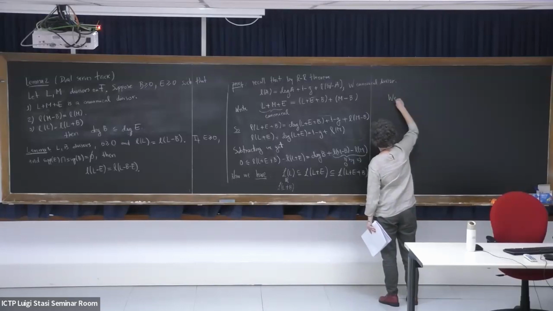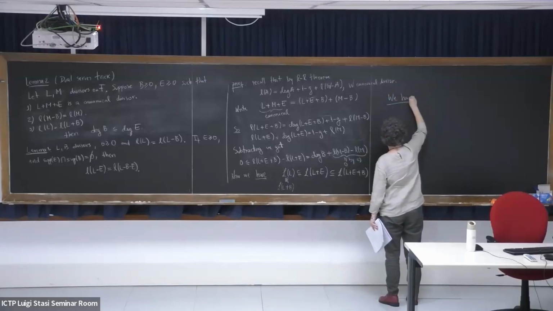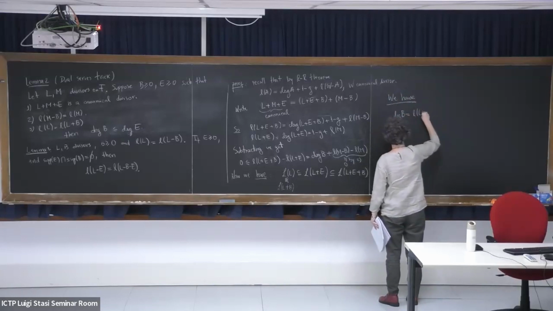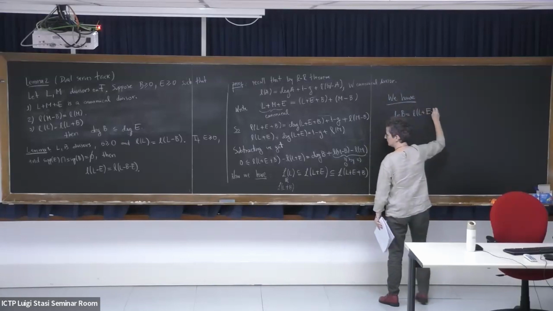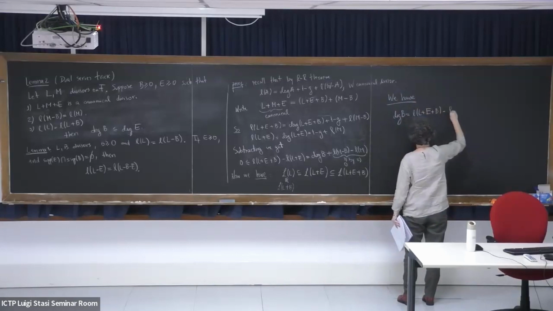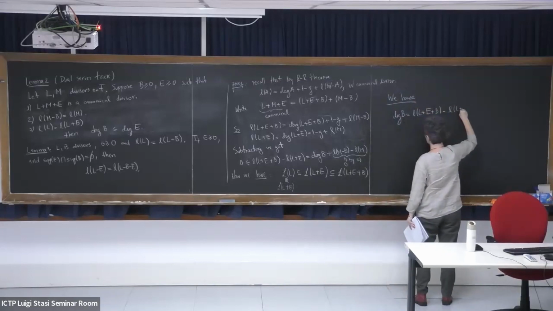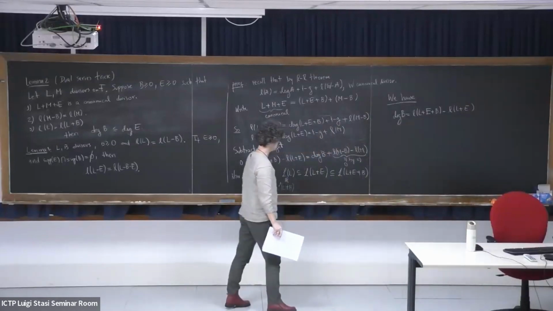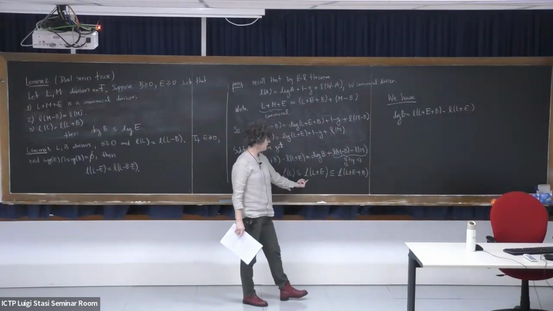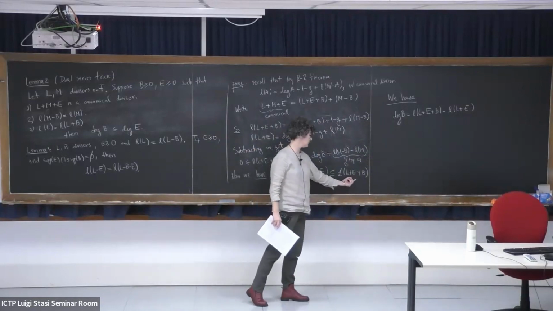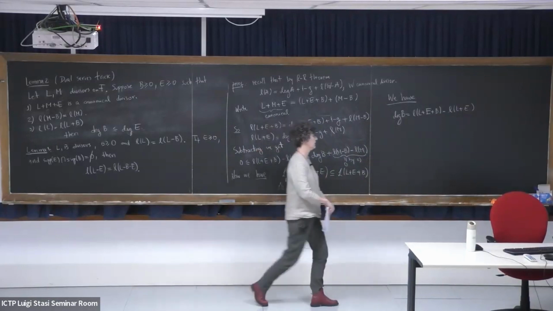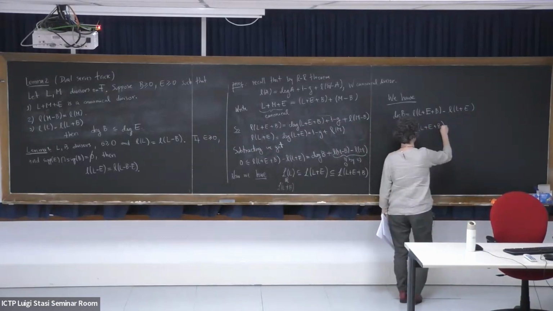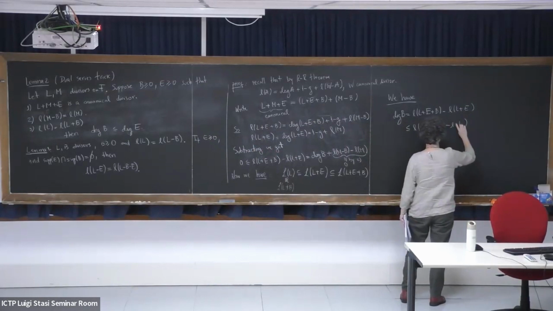So the degree of B is equal to this dimension. I'm taking the dimension from this space to this space, so this has to be smaller if I take the difference from here to here.